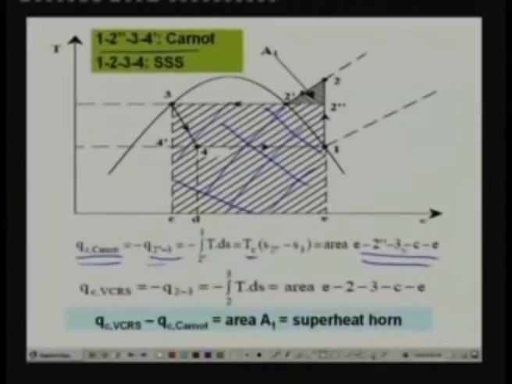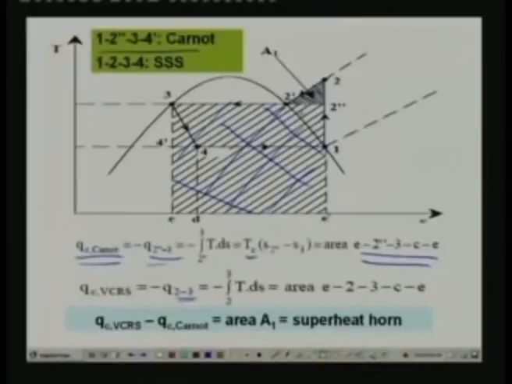Now what is the heat rejection in the standard vapor compression refrigerant cycle? That is nothing but heat rejected during process 2 to 3, that is the area under curve 2 to 3, that means this area plus this area. So this is equal to area E23CE, the entire area.